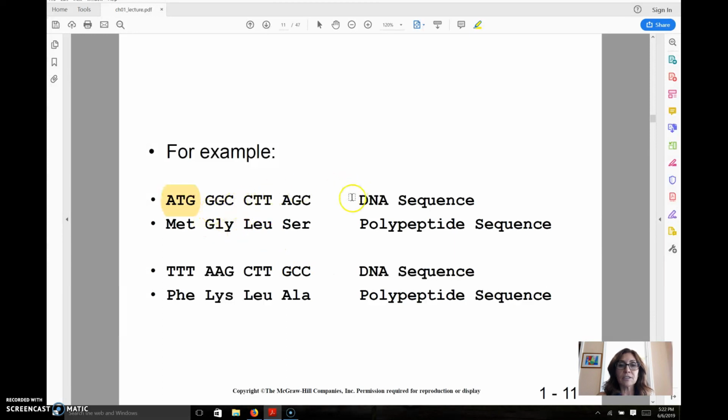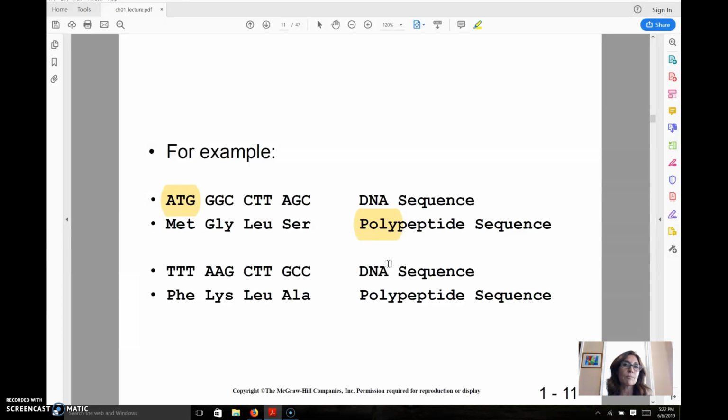When the DNA sequence is read and transcribed into proteins, proteins can also be called polypeptides. One of the things that was very confusing to me as an undergraduate is what's a protein, what's a polypeptide, what's a peptide? Here's the upshot of the whole thing. A protein is a large polypeptide. A peptide is a little tiny protein.